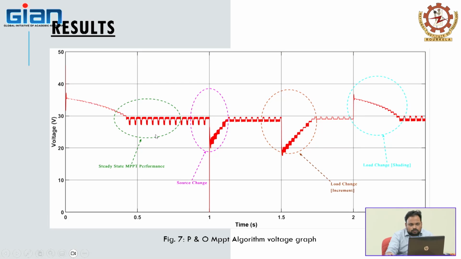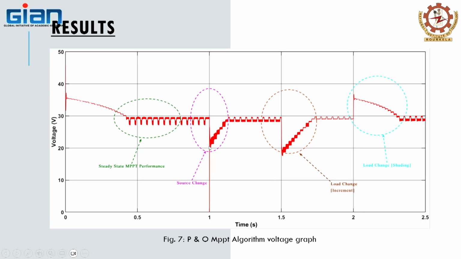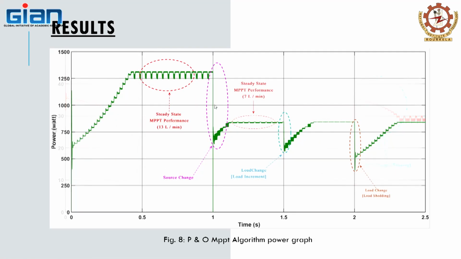The green color shows the steady state MPPT performance, and at 1 second we see the source change happening, with the fuel flow getting reduced. This is the voltage waveform of the fuel cell. The voltage is almost constant because it is a voltage source device, and this is the power waveform of the fuel cell. We have seen this graph earlier.